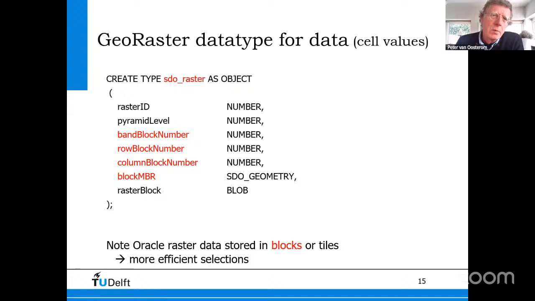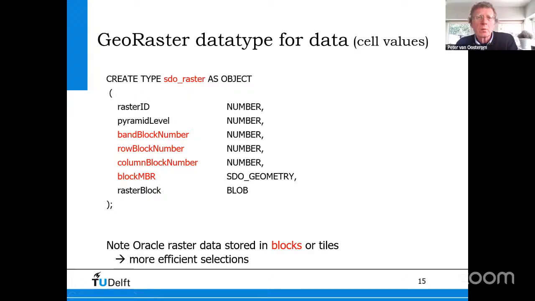Then this second table where the chunks are being stored, or tiles. And you can see that also Oracle has this raster pyramid thinking. The object which is used in the second table has the same raster ID, so you know which tile belongs to which raster. Then you have the pyramid level. On what level are you in the pyramid?